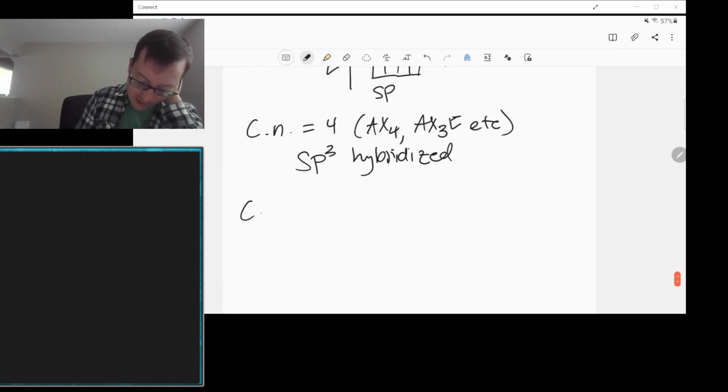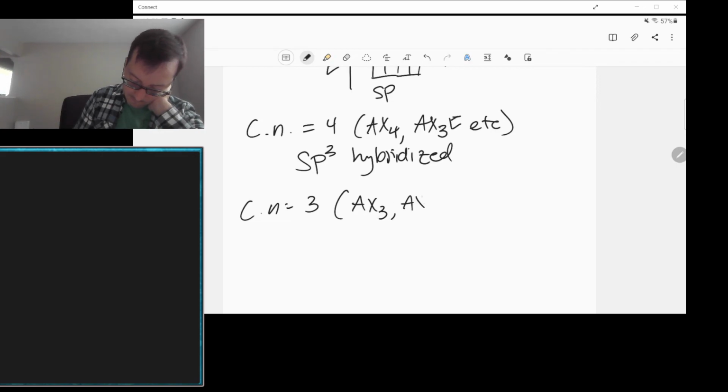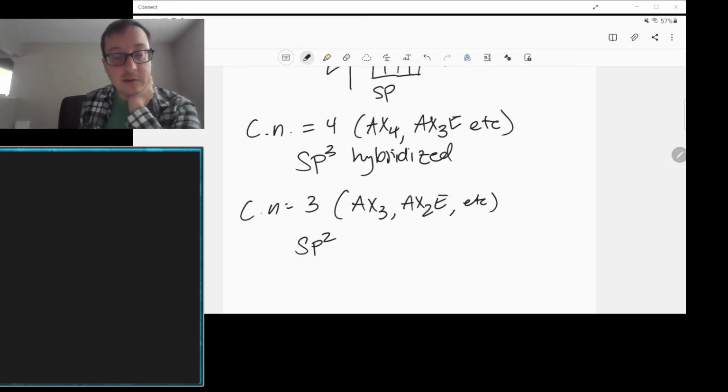If your coordination number is 3, you're really sp2 hybridized. So just look at how many things you have attached to your atom of interest.